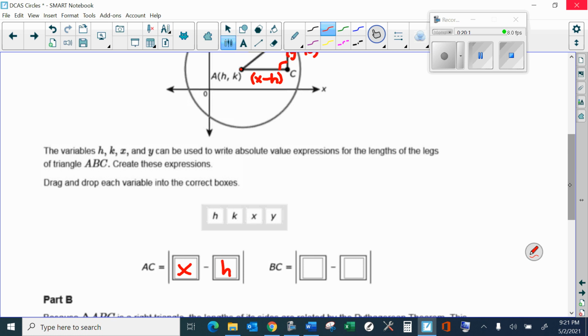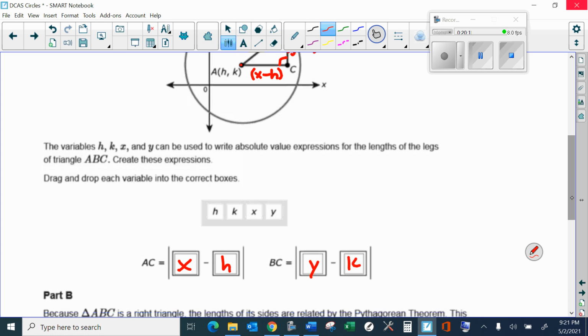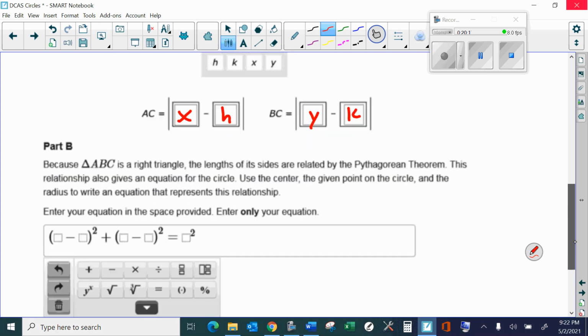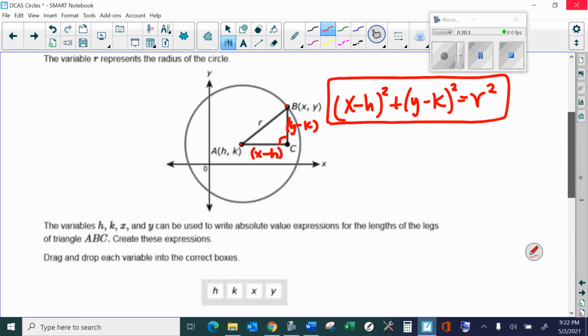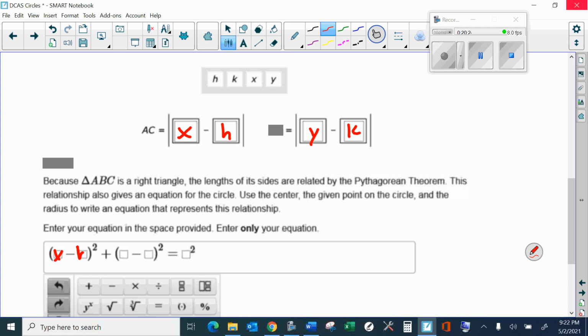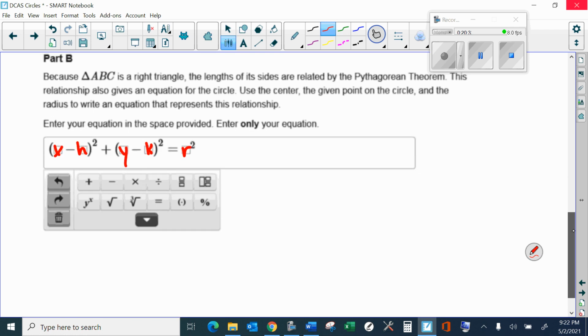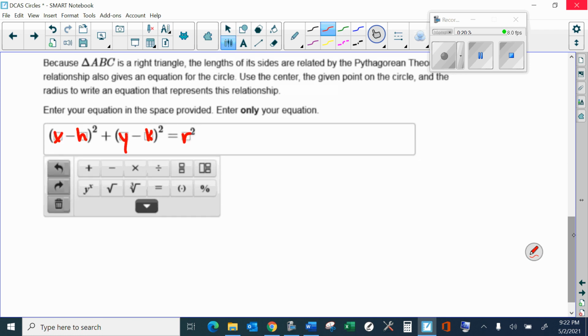BC is the change in y, which is y minus k. Part B is to fill it in, which we already have written right there. Now we're just filling that in: (x minus h) squared plus (y minus k) squared equals r squared, the standard form of an equation of a circle. That's why you need to have it memorized, and you already know that without even having to graph it.